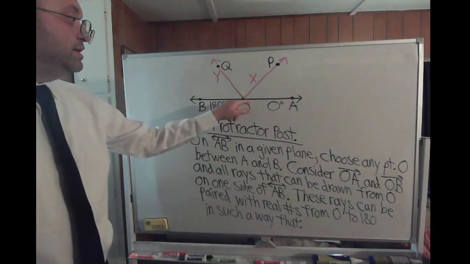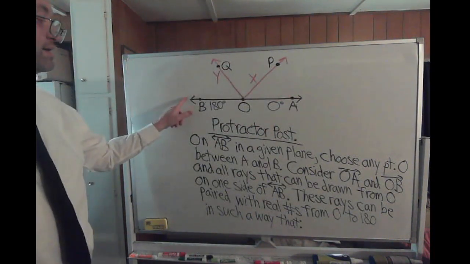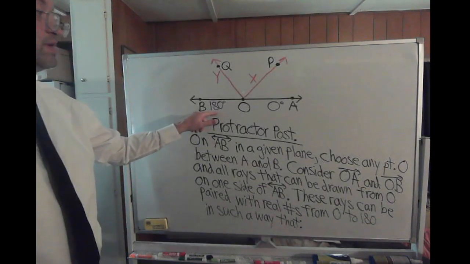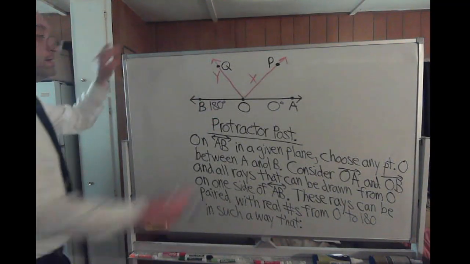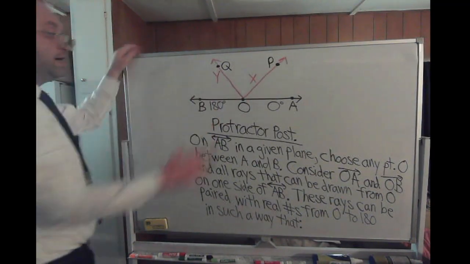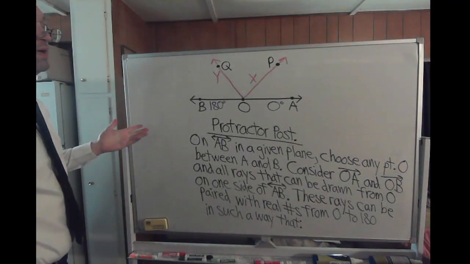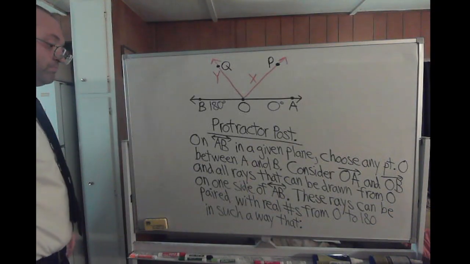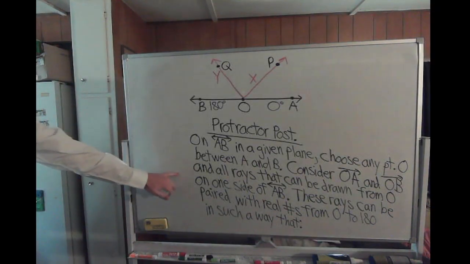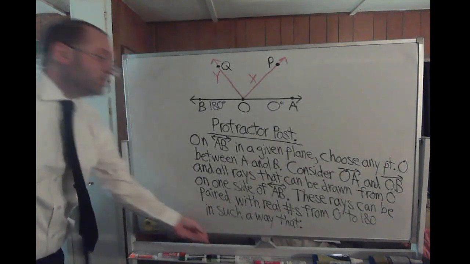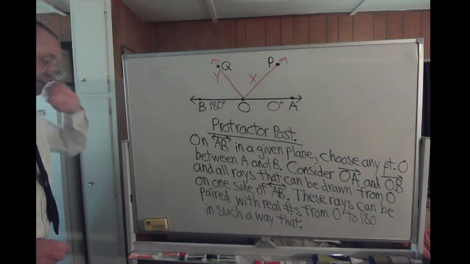Ray OB, you're taking this all the way back. This is paired with a 180-degree angle. So it's obvious that X and Y are somewhere in between 0 and 180, right? Okay, everyone's catching this up here. I'm going to do the subparts in a second.